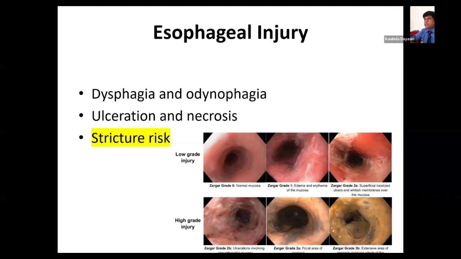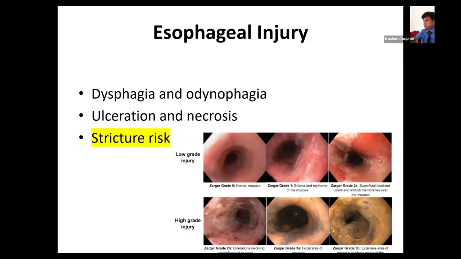Esophageal injury. These patients present mainly with odynophagia, painful swallowing, as well as dysphagia, difficulty in swallowing. The process is the same. It can cause ulceration, necrosis, and carries a higher risk of strictures when it comes to esophageal corrosive damage. You can see in these images low-grade injury versus high-grade injury as shown in the endoscopic images.